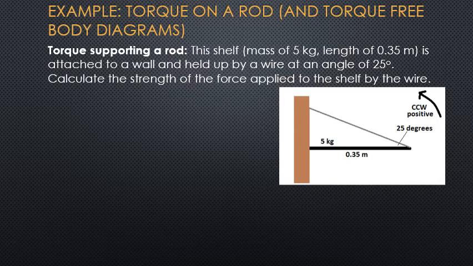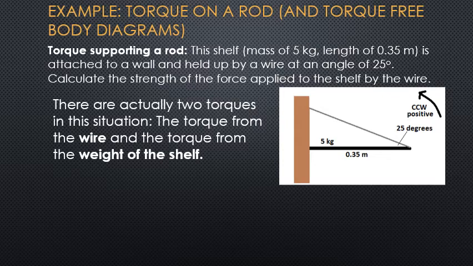So your pictures, your diagrams, I always say this, your diagram is going to be your best friend on these physics problems. In this situation, there are two torques acting on the shelf here. So obviously the wire is applying a torque, right? Because it's got some force we don't know yet at a radius of 0.35 meters, right?